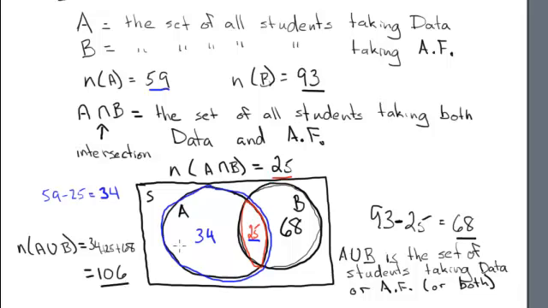So 106 students taking either A or B or both, and that's what we call the union. So A or B is, maybe I should have written that. This is what we call the union of A and B. It's anything in A or B or both.